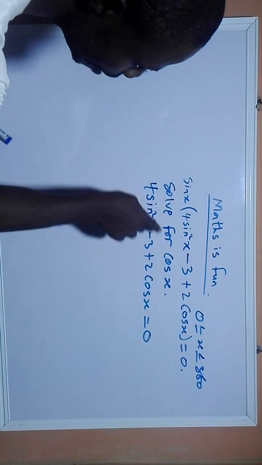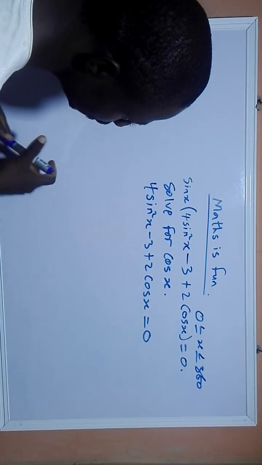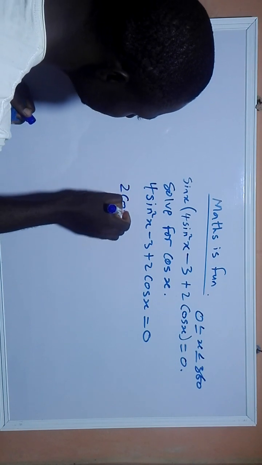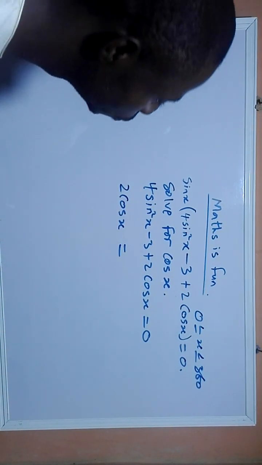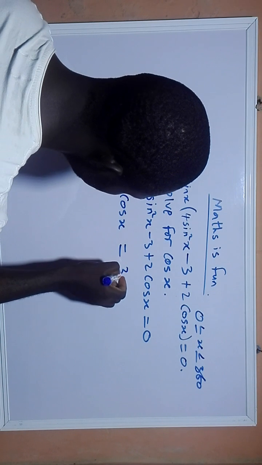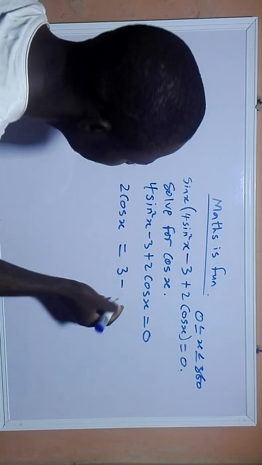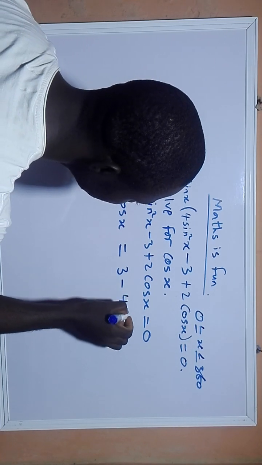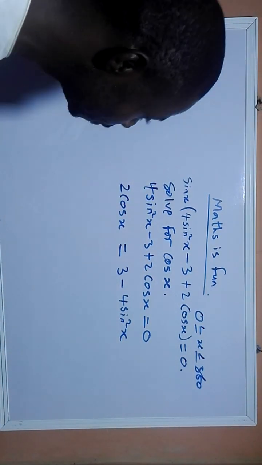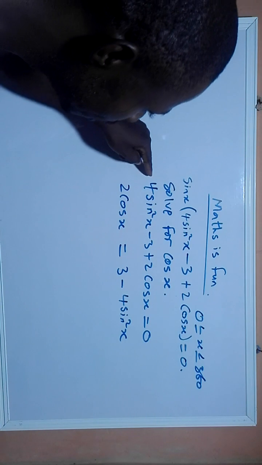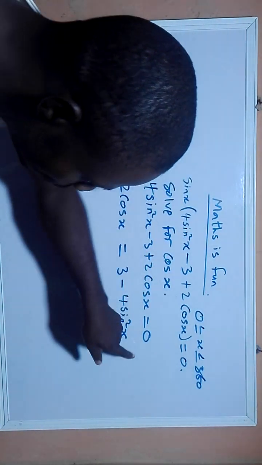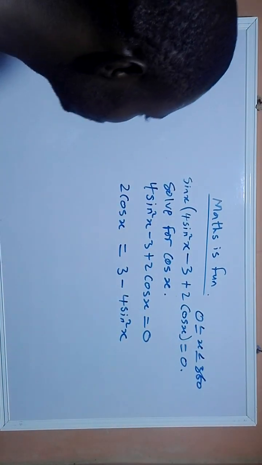Yes, we have to look for cos x. So we can say 2 cos x is equal to 3 minus 4 sine square x, as 3 is moving to the other side. If you are following from the beginning, when a positive sign is crossing an equal sign, it turns to negative. So that is what you are saying.